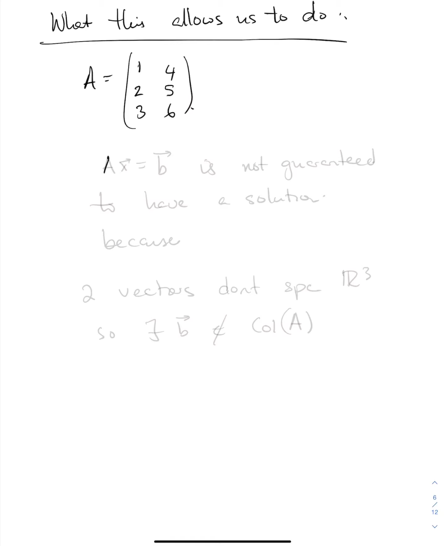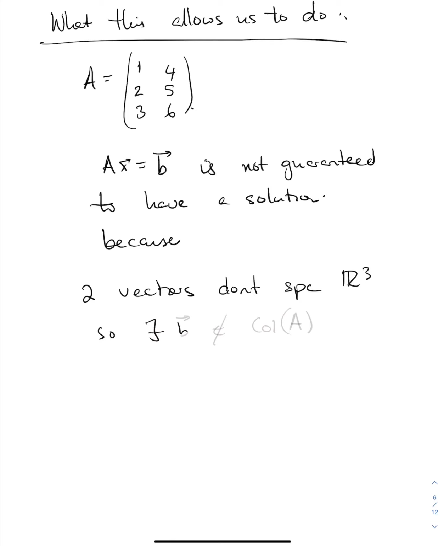Say we're looking at the equation AX is equal to B. We'll know that it's not guaranteed to have a solution because two vectors don't span R3.